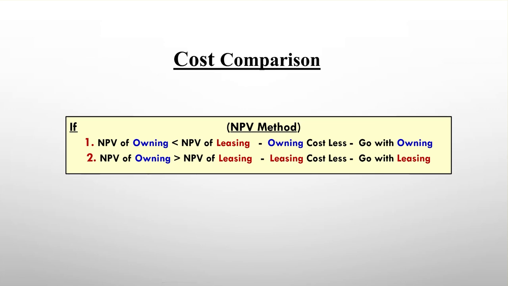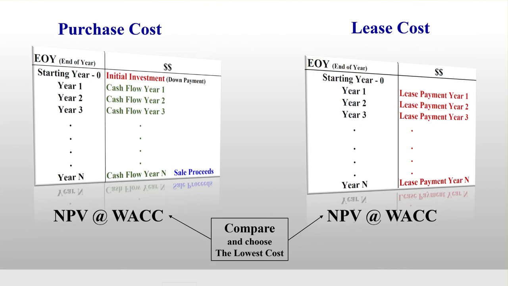To do this, we will start with the cash flow analysis, which starts with our T-bars. For the purchase, for the number of years that we own this property, we'll start with our initial investments and our cash flows, all the way to the number of years that we dispose of the property, which will follow with a sales proceed. And these numbers are after tax.